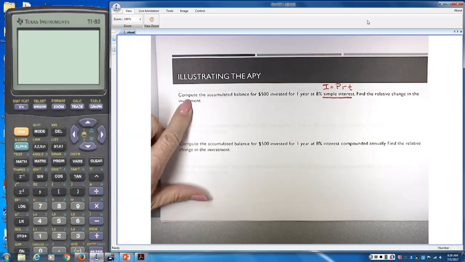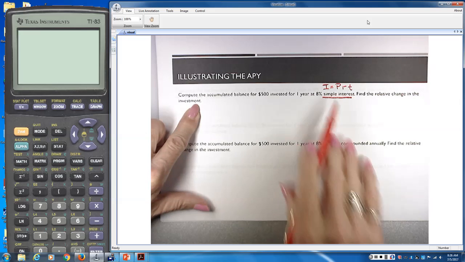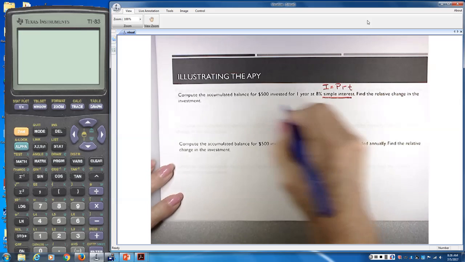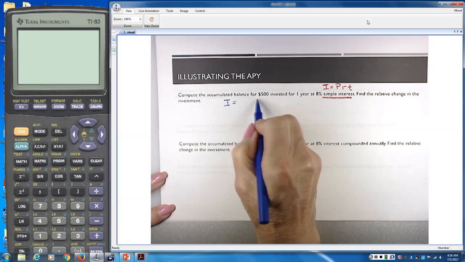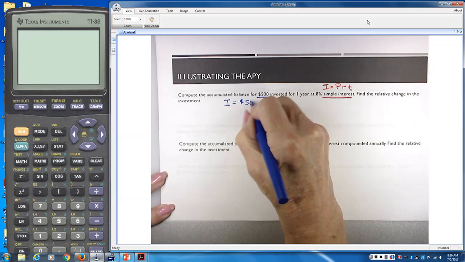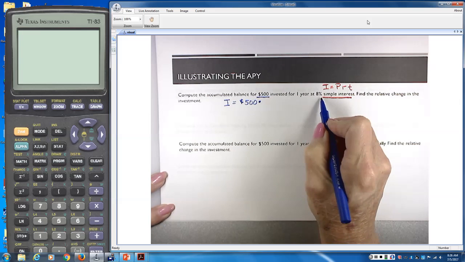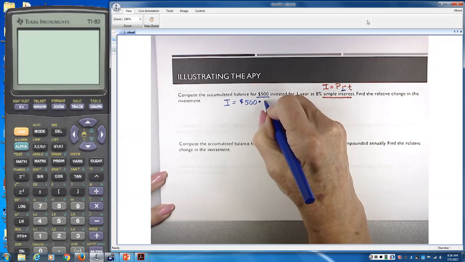So in order to compute the accumulated balance, first we have to accumulate the interest. So the way that we're going to do that is we're going to calculate the interest. By looking at the principal, which is what we invested, that's $500, times 8%, and when we're doing the rate with the simple interest formula, that does have to be converted to a decimal.